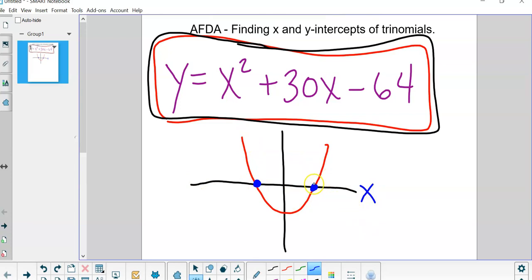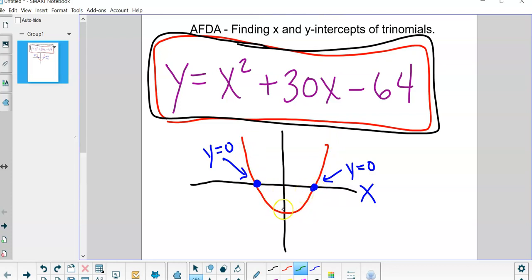And what do we know about the y value at these positions? Well, the y value at these positions is always equal to 0. Their height is always equal to 0. And for quadratics, for trinomials, you're going to have 2 of them.